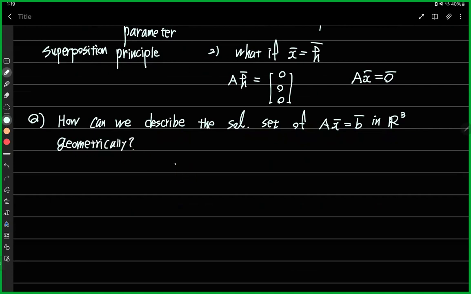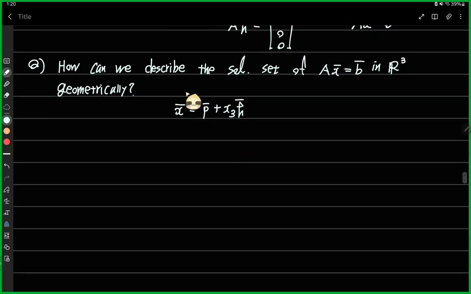So x is equal to p plus x3 h. That's what we got so far, right? So this is the question for the example. Let me draw the Cartesian coordinate system.